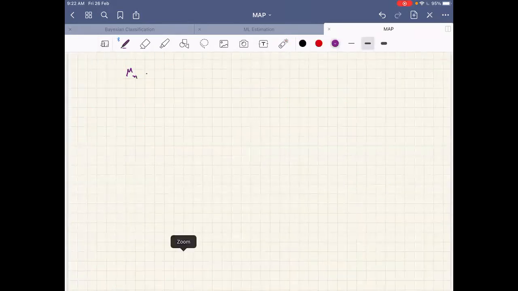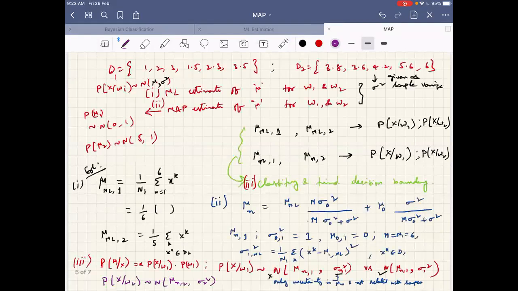Mu n in the univariate case is mu ML into m times sigma naught square. You see here, the ML estimate is being multiplied by the variance of the prior, so the uncertainty varies. If the uncertainty in the prior is very high, then this whole thing essentially becomes one, and the other term is weighed by sigma square, so it becomes 0.